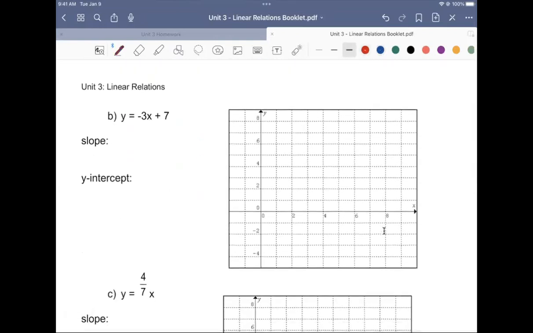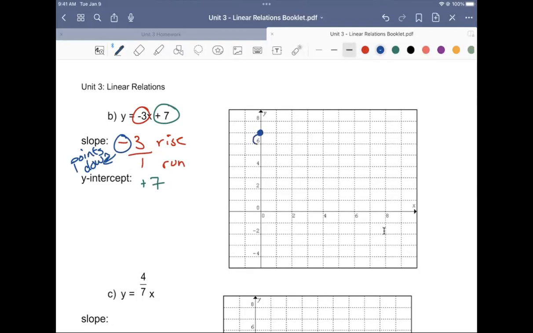We are again going to identify our slope, which here is -3. We could also call that -3 over 1. So we have our rise and our run, and we know that our y-intercept is +7. Remember, the negative means it points down. So we're again going to start with our +7, our y-intercept, which is our initial value.